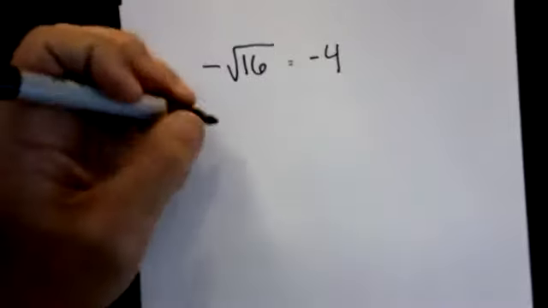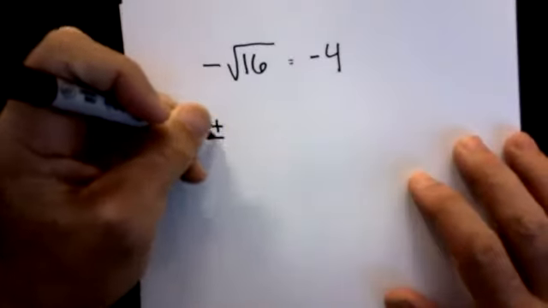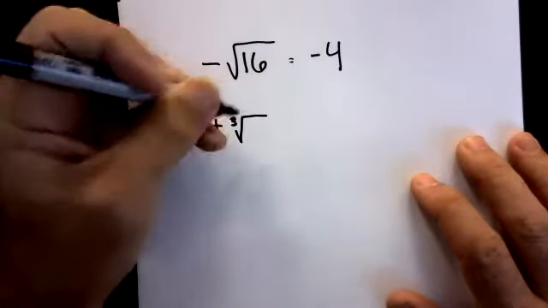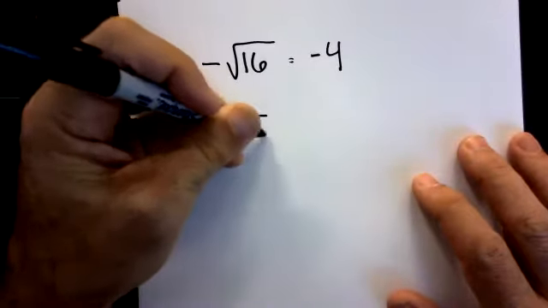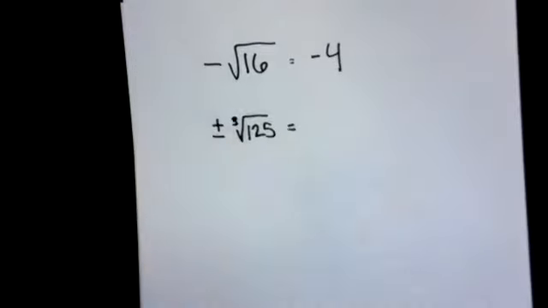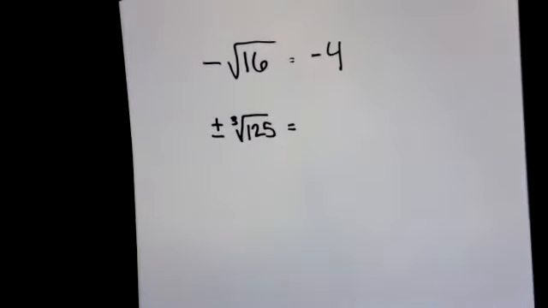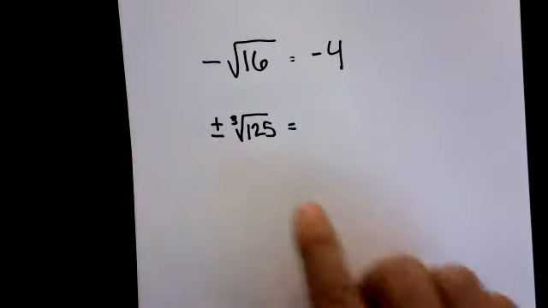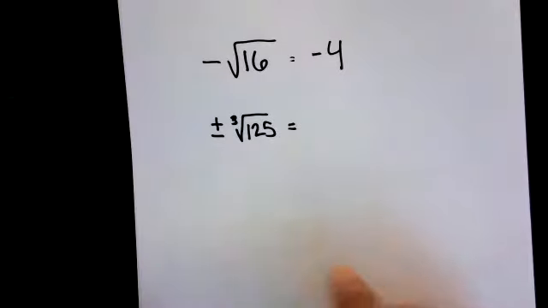Same thing, they may give you a new symbol. If you've got like an underlined plus, that is your plus and minus. What that means is both the positive and the negative answer. So again, if it's out in front, it just takes your answer and makes it both the positive and the negative.